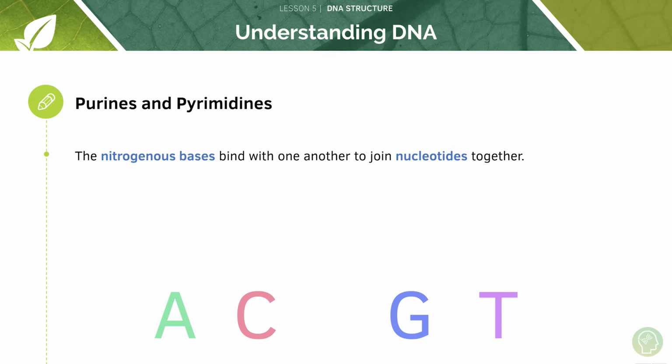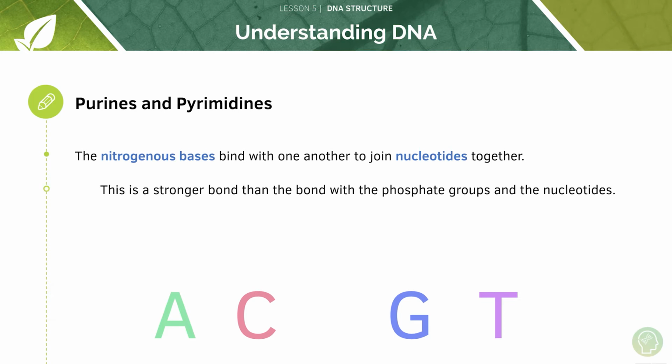So the nitrogenous bases bind with one another to join nucleotides together. So we saw previously that there is a bond with the phosphate groups and the nucleotides, but it's the bases that bind to each other that join the nucleotides together a lot stronger. Okay, so if I just try and draw that out for you here.